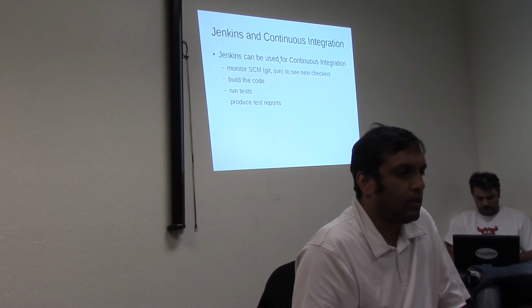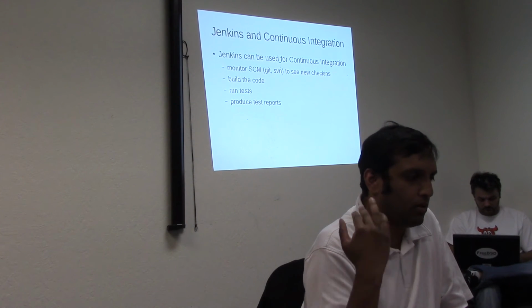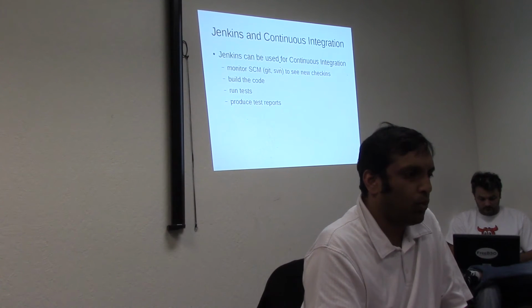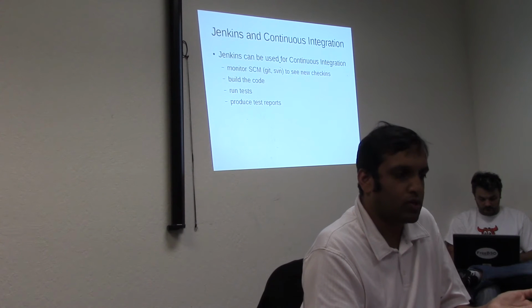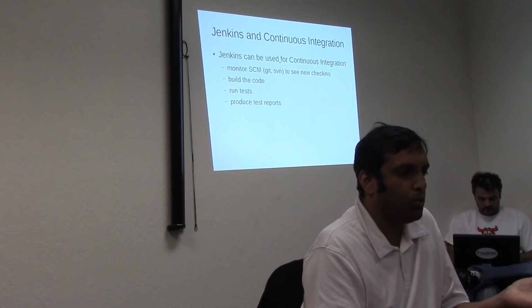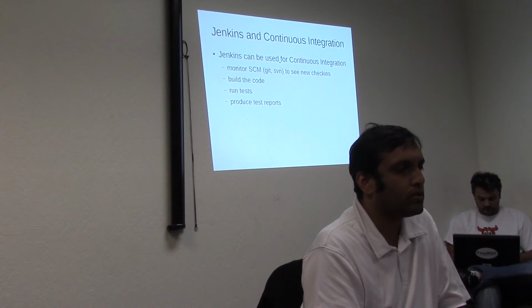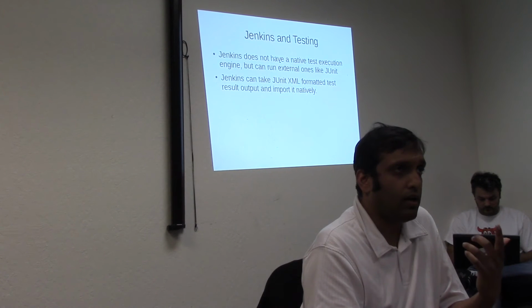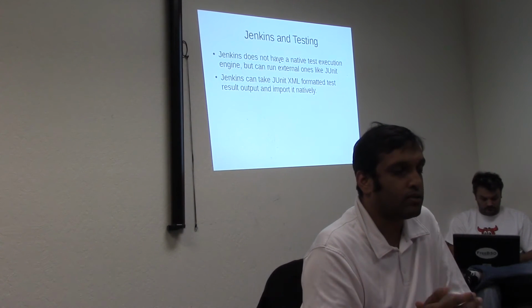But basically, I've talked about Jenkins in previous presentations, so you could look online for the slides of that stuff. What Jenkins allows you to do is monitor the SCM, like Git or Subversion, to see the new check-ins. You build the code, and then if you want, you can run tests and produce test reports. Jenkins doesn't have a native engine for executing tests, so you plug in other ones.